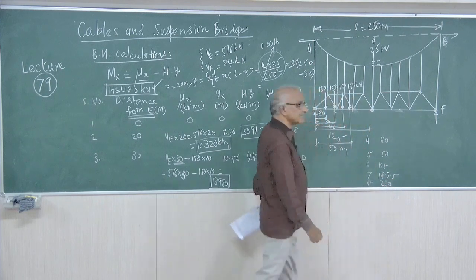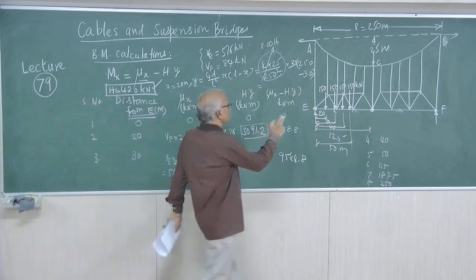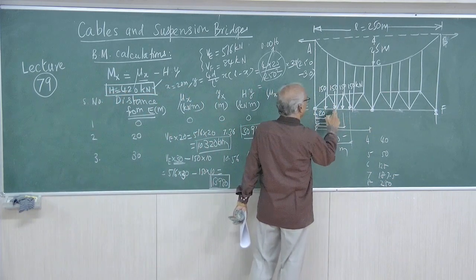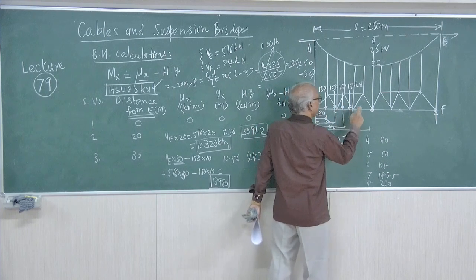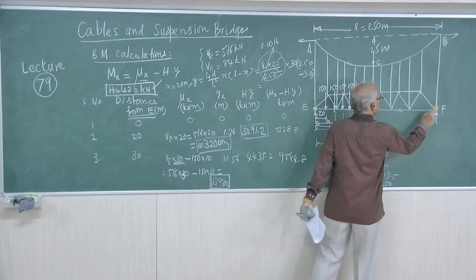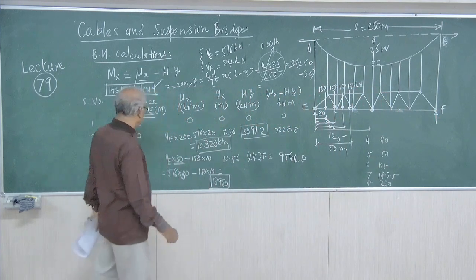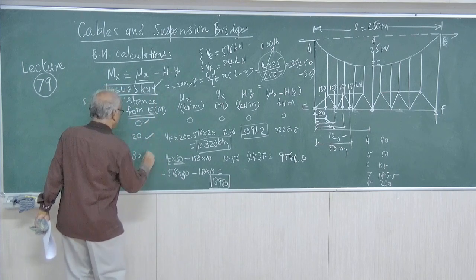I have taken salient points as 0, 20, 30, 40, 50, mid span, right quarter span, and the right support. So 0, 20, 30 we have completed.